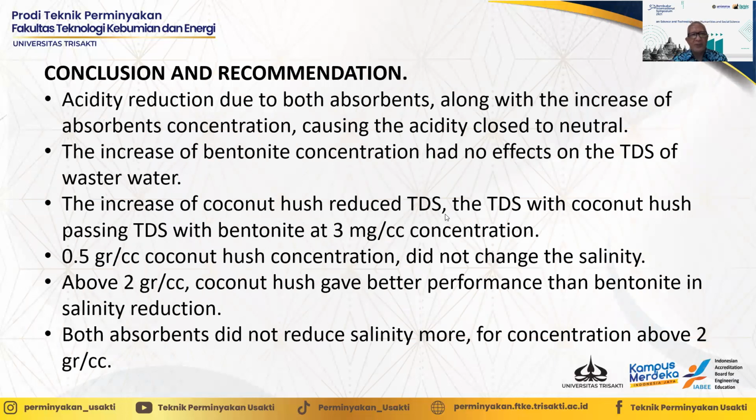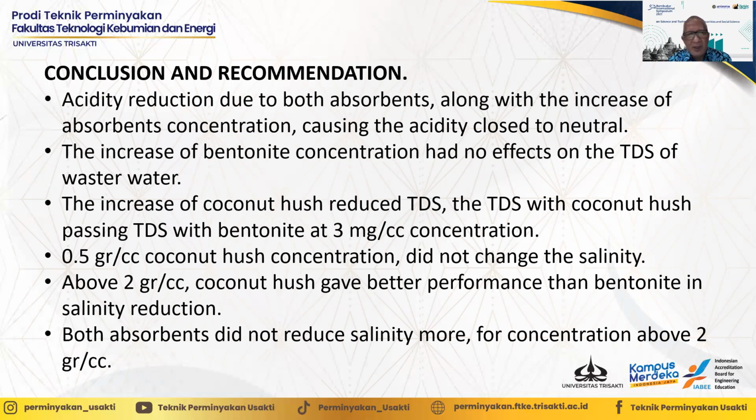Conclusion and recommendation. Acidity reduction due to both adsorbents along with the increase of adsorbent concentration causes the acidity to get close to neutral. The increase of bentonite concentration had no effect on the TDS of the wastewater. The increase of coconut husk reduced TDS.